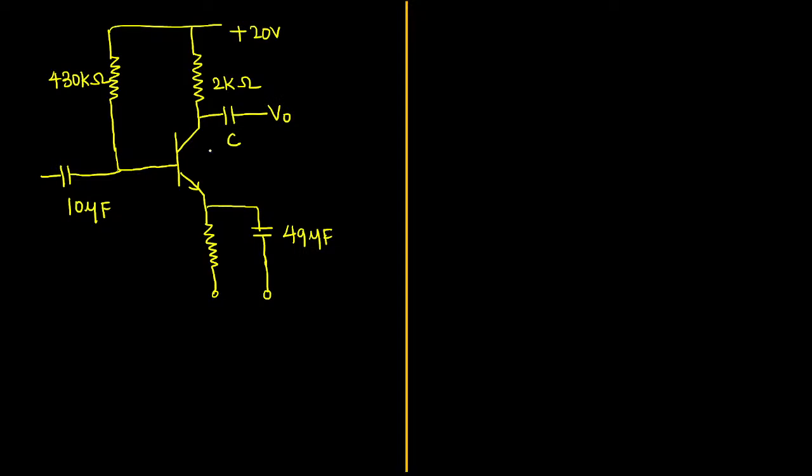This capacitor value is not given. See the circuit shown in the figure. Yes, data is given: beta equal to 50, and base to emitter voltage VBE is as usual given as 0.7 volt. Now the question is, identify the value of base current IB and collector voltage VC.